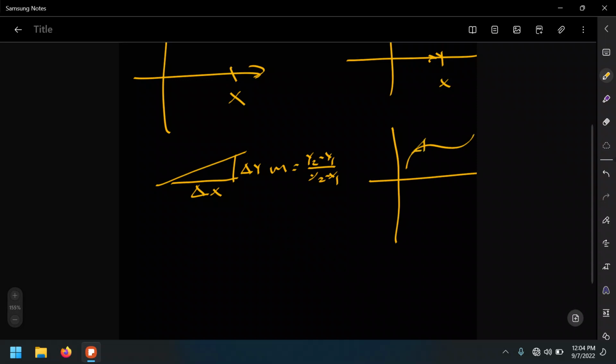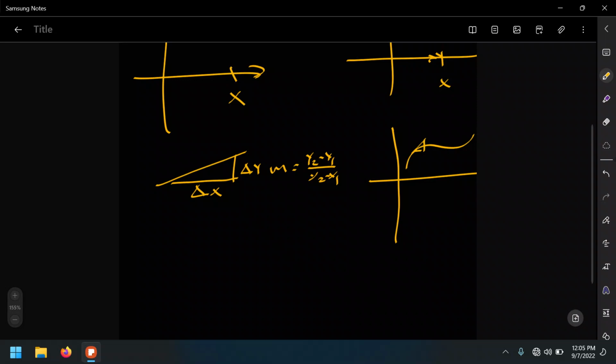Back in algebra, we were able to find the slope of only a linear function. In terms of the equation, that's the value that multiplies the x, and in terms of how we find it, it's the ratio of the rise to the run. But that was limited to only linear equations or linear shapes.